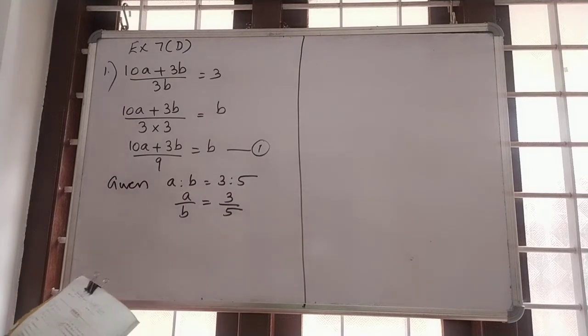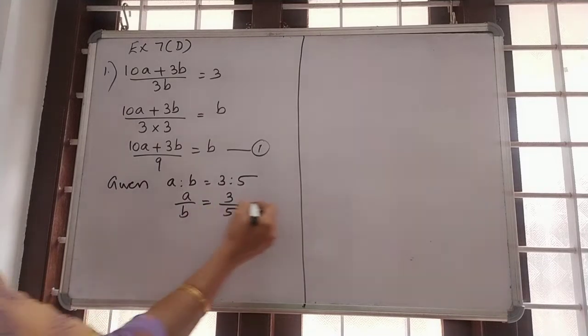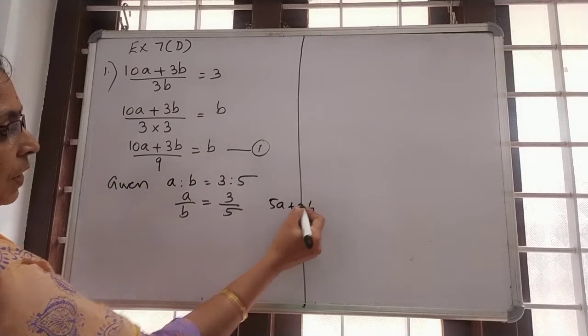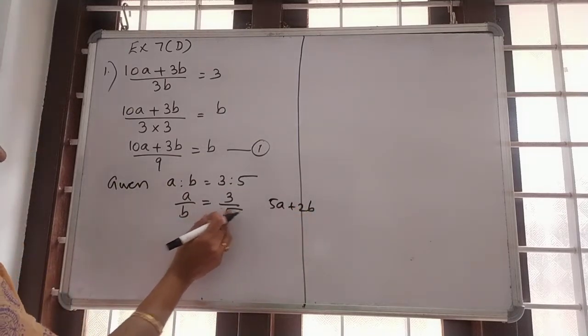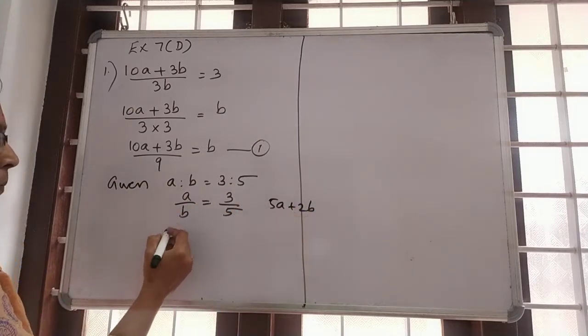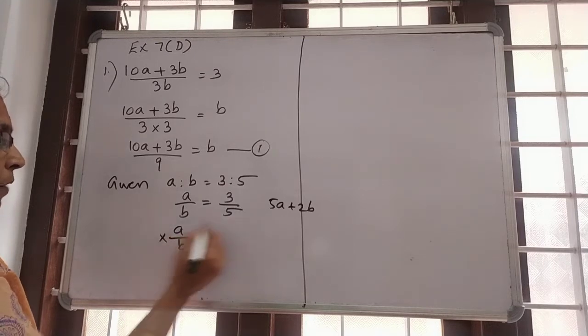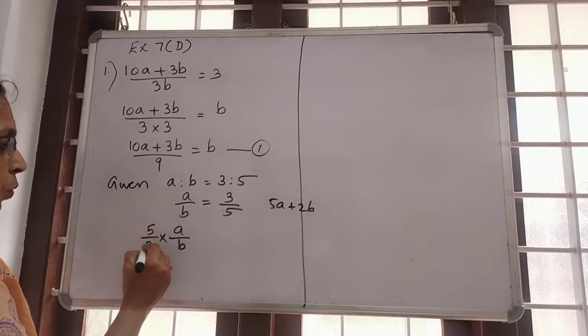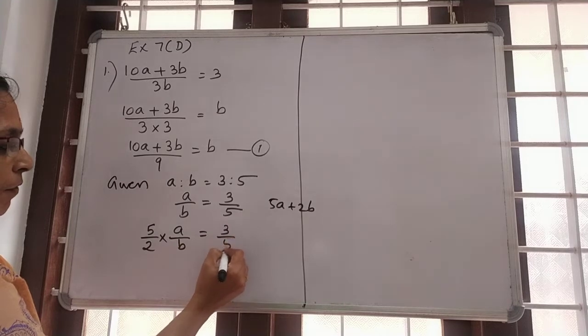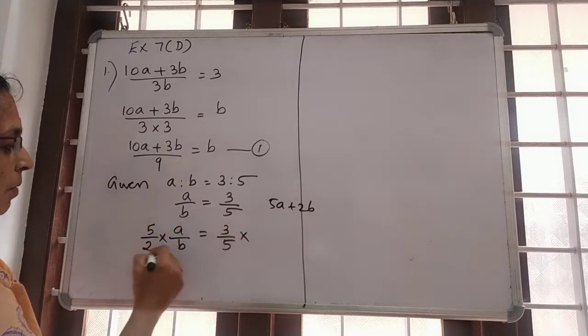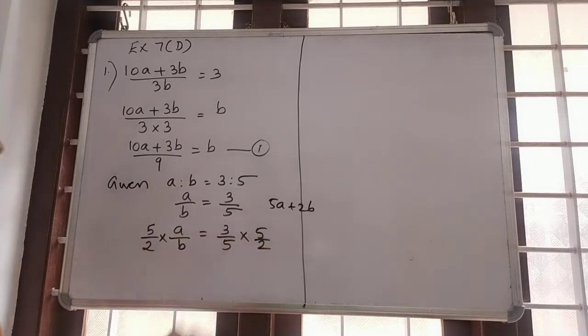We want the second part, 5A plus 2B. So we want to multiply this A by B by 5 by 2, and 3 by 5 also we want to multiply by the same fraction, 5 by 2.